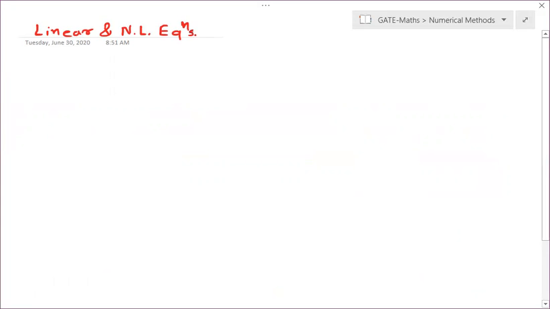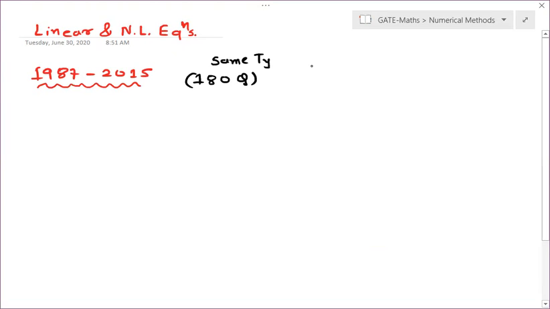So if you analyze previous year questions of GATE, from 1987 to 2015, the total questions asked in GATE from this chapter are 180 questions of the same type, and 56 questions of different types.